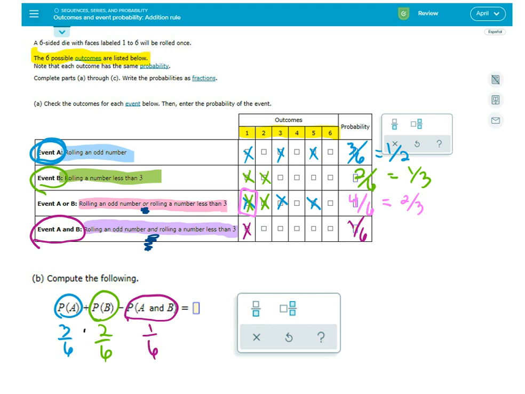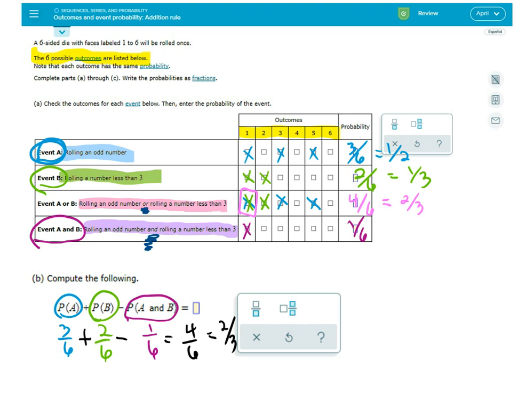Then I'm supposed to add the first two and subtract the second. So 3/6 plus 2/6 is 5/6. Sorry about that, that was my daughter going out the front door. 3/6 plus 2/6 is 5/6. Minus 1/6 is 4/6, which could also be reduced down to 2/3.